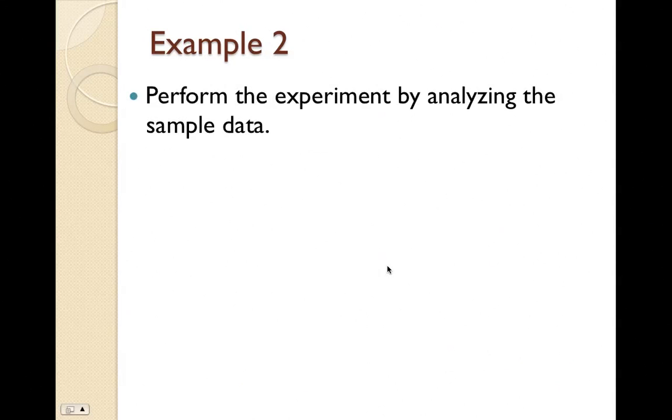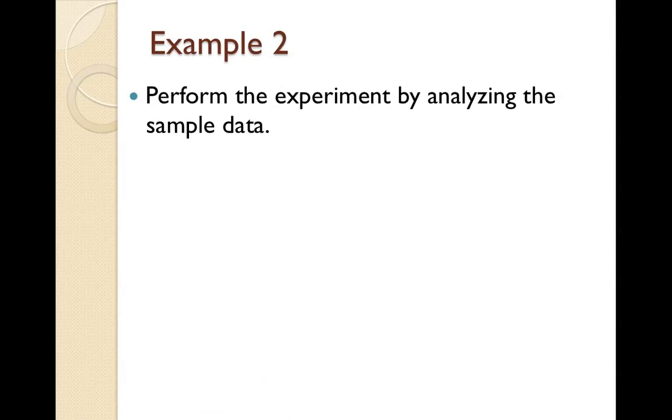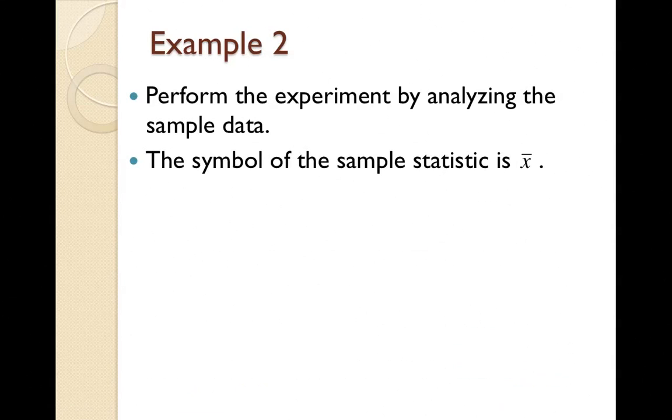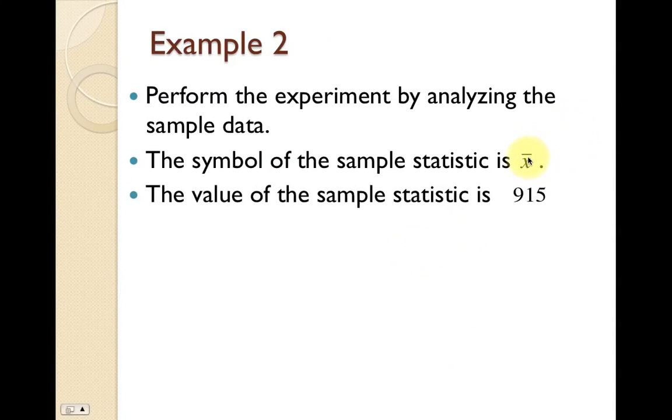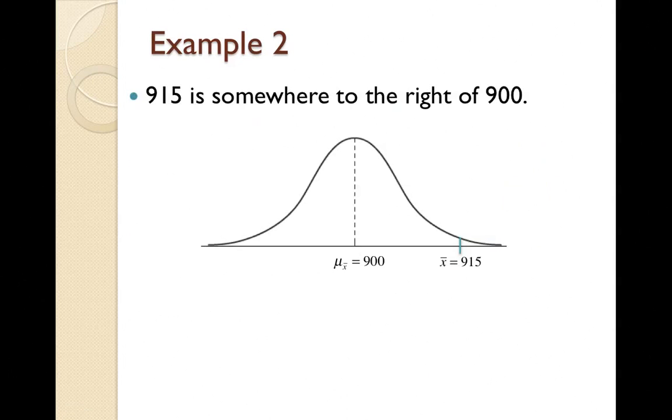Let's look at the X bar that we got in this problem by looking at the sample data. The sample statistic is X bar, and the value of that X bar is 915. If we look at where that 915 lies on the horizontal axis, here's the mean at 900, here's the X bar at 915.